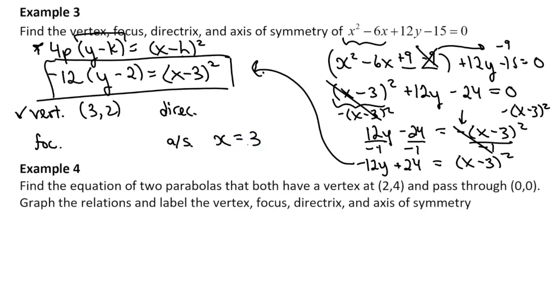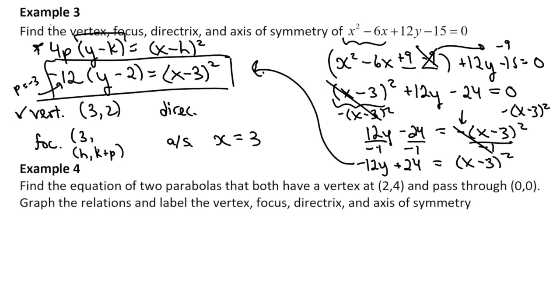And then to find the focus, we know that the focus would take on the form of (h, k plus p). And so if we want to think about what that would produce, a point 3 comma, and then our y value of the vertex is 2, and we're going to go up p units, and our p value here would be -3, because this was a 4, so I would need to times the 4 by -3 to be able to fully get there.